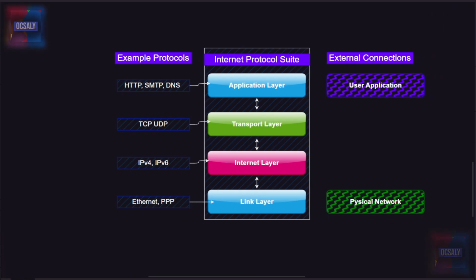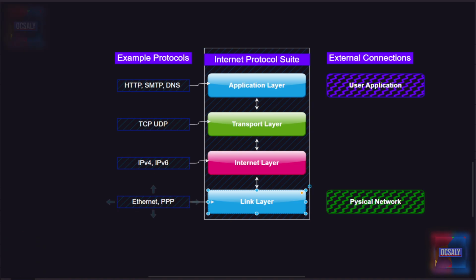This Internet Protocol Suite is the conceptual model of how network protocols send network traffic over the internet, that breaks down network communication into 4 layers, as shown here. So: application layer, transport layer, internet layer, link layer.